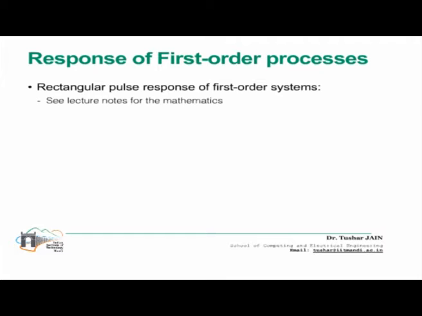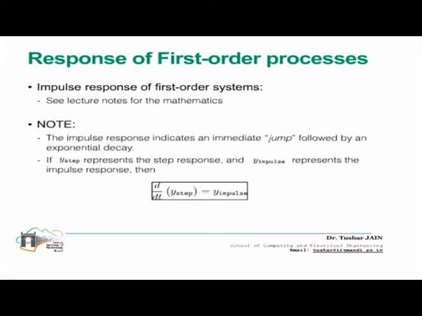It could be an exponential rise of the signal until this point, and for t greater than tw, I would have, so the final value would be. Next comes the impulse response of first order processes or systems.